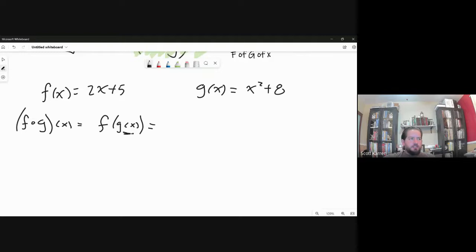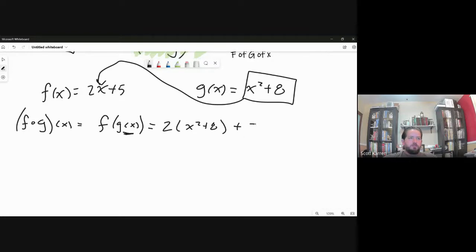But that's just taking g of x, right? This x squared plus 8, and putting it into the x of the f function. So that is 2 times, and instead of x, now the entire g function, x squared plus 8, and then plus 5 to finish off the f function.